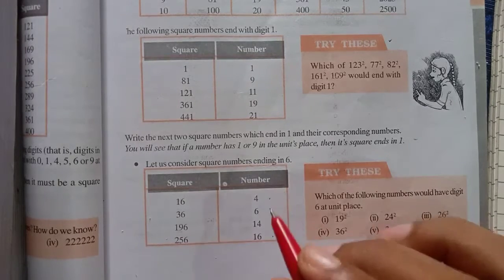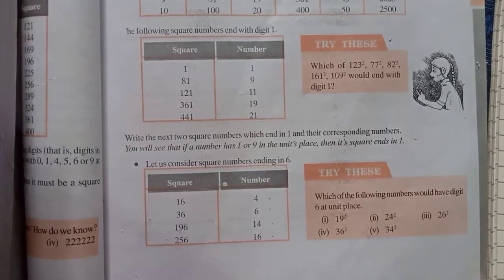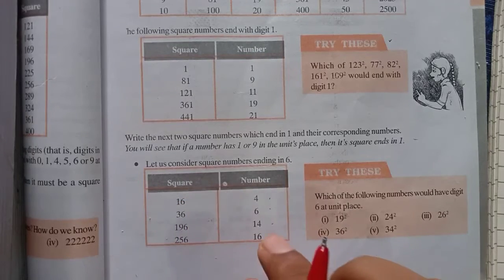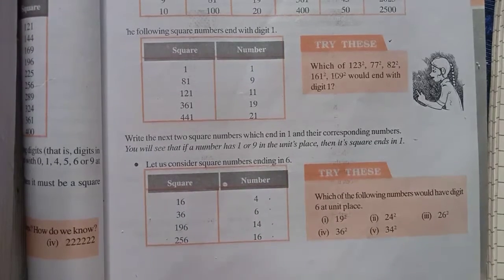It means if a number keeps 4 or 6 as digit of ones place, then the square of the number keeps 6. Please note this. And you have examples: 4 square, 6 square, 14 square and 16 square. All these squares keep 6 as ones digit.